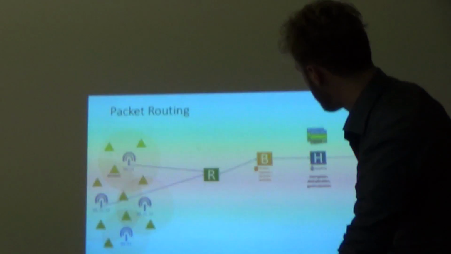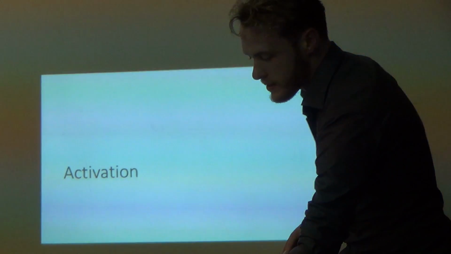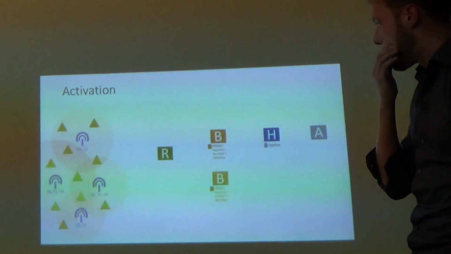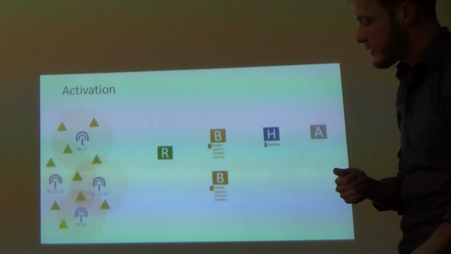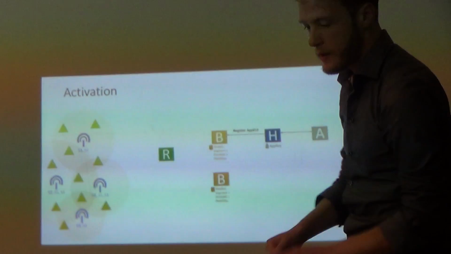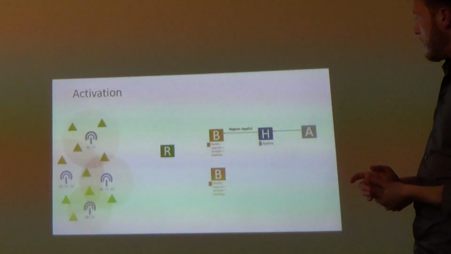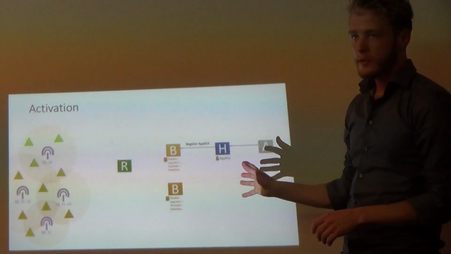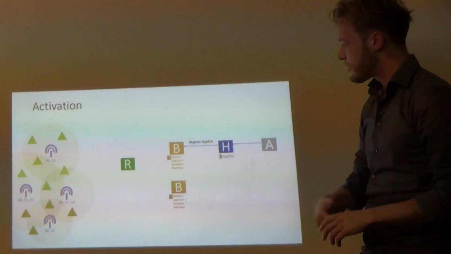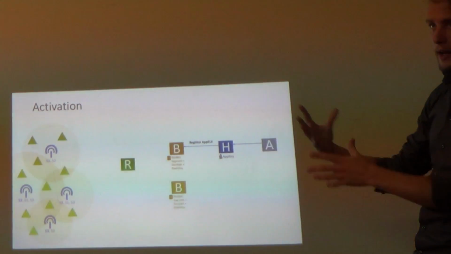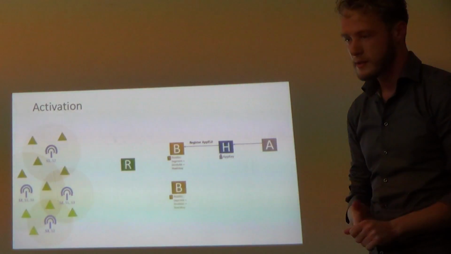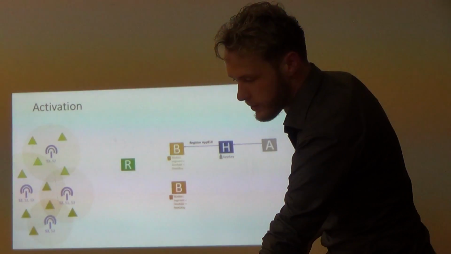So the over-the-air activation is almost the same. That's why I put it in this order. Again, the first sheet is the application that registers to the broker. It says, this is my unique application ID.